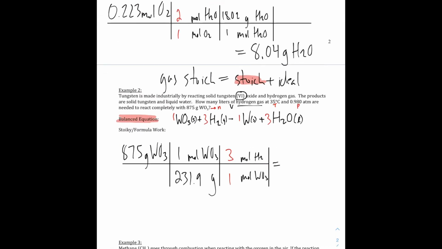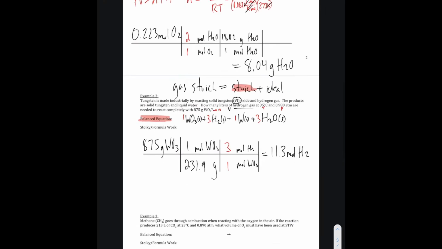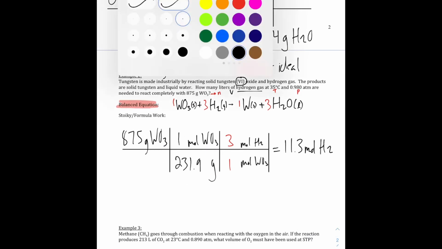Okay, 11.3 moles of hydrogen. So, what's the deal? Why do we solve for moles of hydrogen when we need volume? Well, you know that we have an equation that we can use.